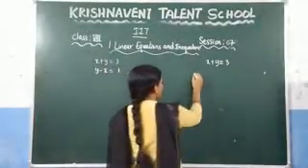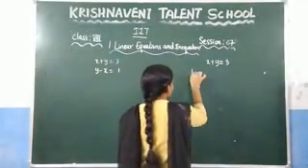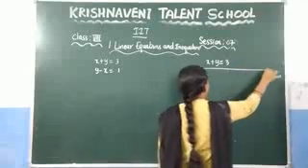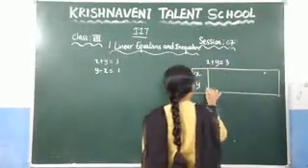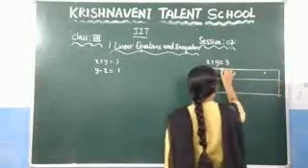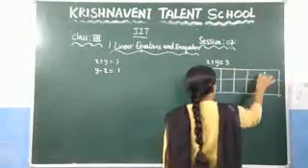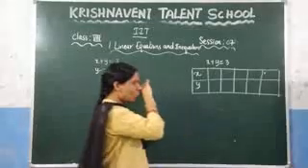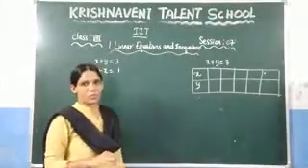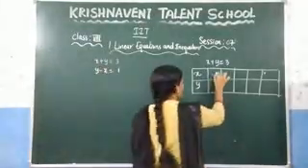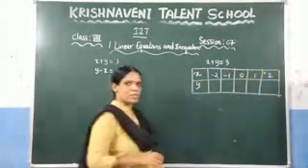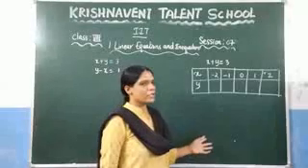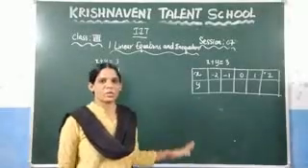For that reason we draw a table with x and y. Consider some positive values, some negative values, and 0. I am taking minus 2, minus 1, 0, 1, 2. By your choice you can take any values. I am taking smaller values so that I can represent them easily on a graph.